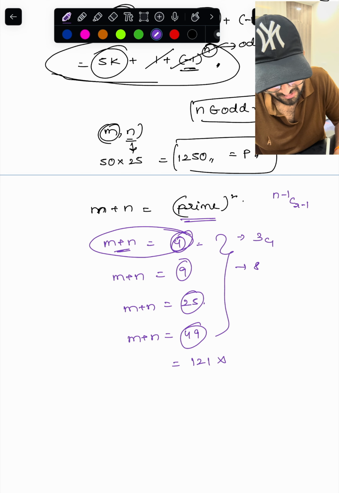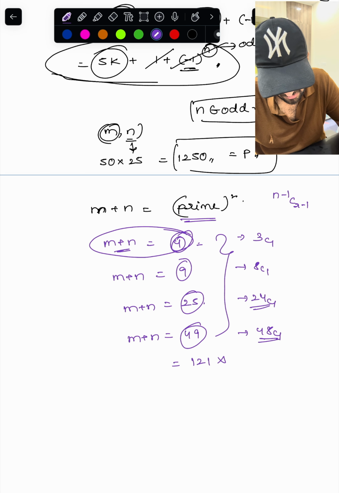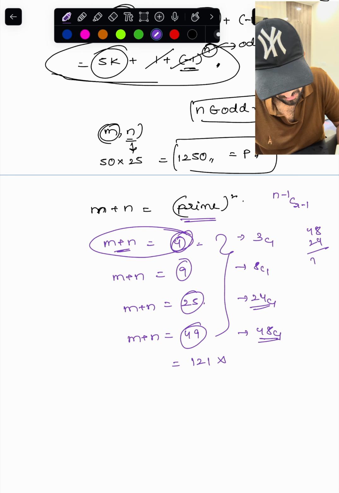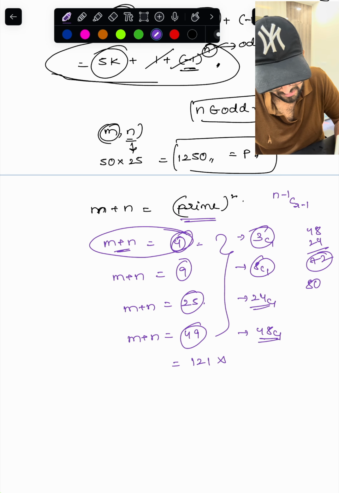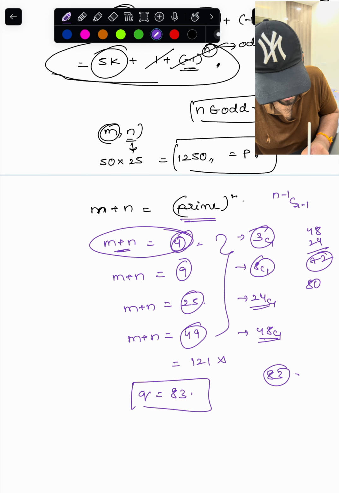So here you are getting 3C1, here 8C1, here 24C1, here 48C1. So how much? 48 plus 24 is 72, plus 8 is 80, plus 3 is 83.